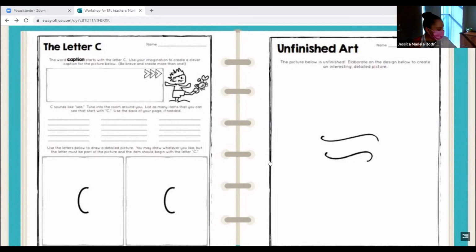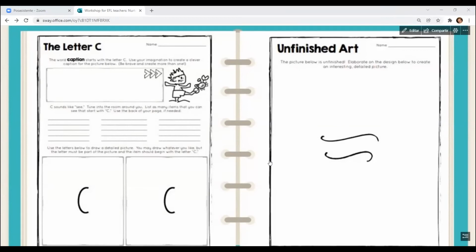Okay, Alan, this is for which one? Your stick man. Is he a hunter? It's for the letter, I don't know, to draw a detailed picture.